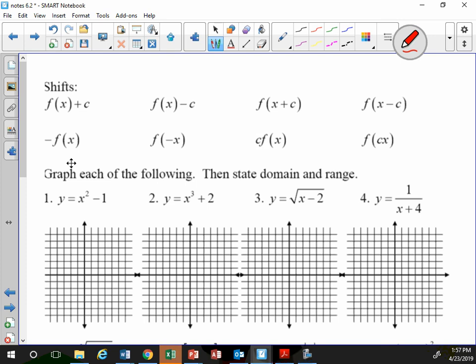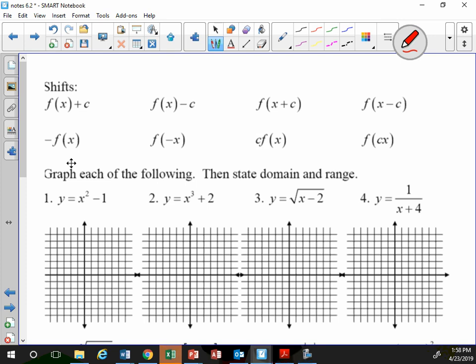All right, so let's go through our shifts and stretches and all of that stuff. Again, this is review. We did it earlier this year multiple times, okay? So hopefully you know your shifting. If the plus C is outside of the parentheses, not in with the X, where am I going?